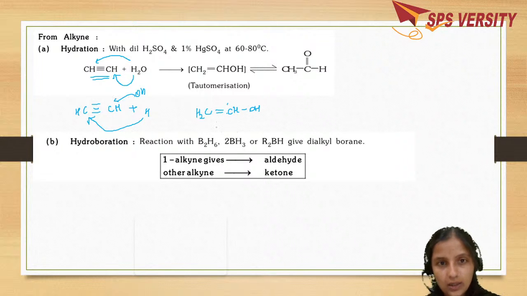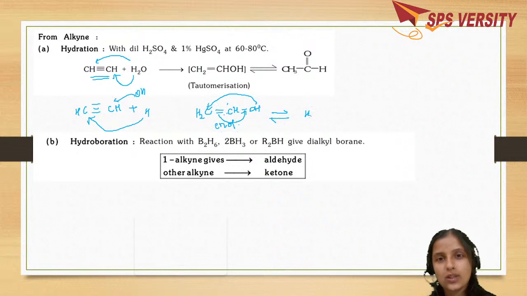The double bond is ene and this is ol, so this forms the enol. Tautomerism occurs because it is very unstable, so a hydride shift is going to happen, this bond shifts over here, CH2 with one hydrogen becomes CH3, and you have a double bond between C and O with the H. This results in the formation of acetaldehyde.